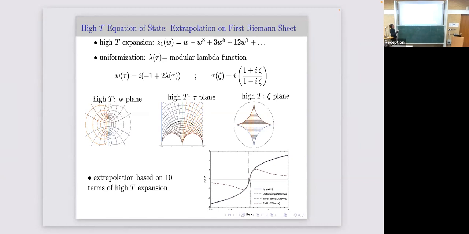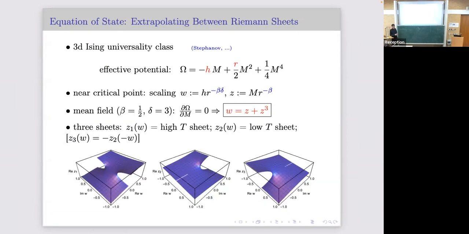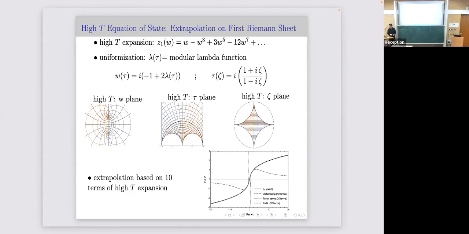So here's my initial expansion of the solution to this cubic. It's just been normalized to be in some nice simple form. So you truncate this expansion at some order. This corresponds to the number of terms you have in this original expansion.